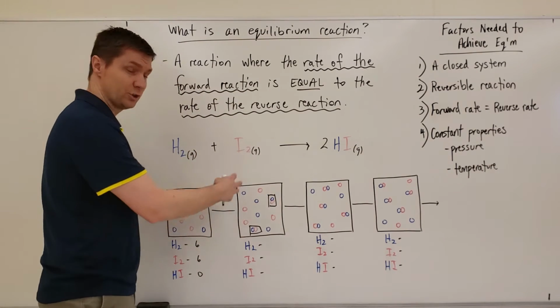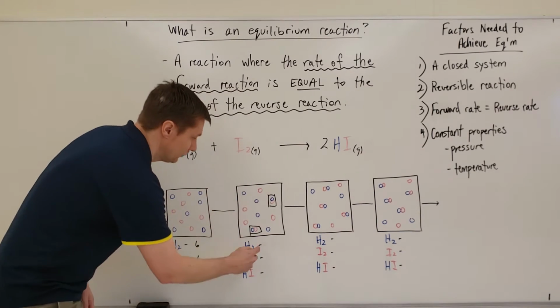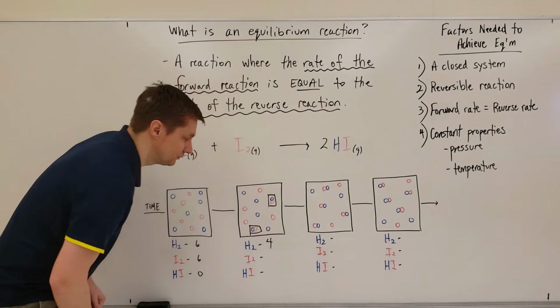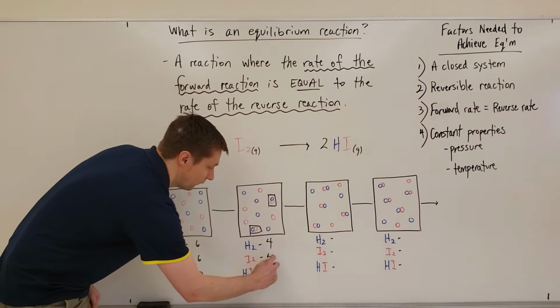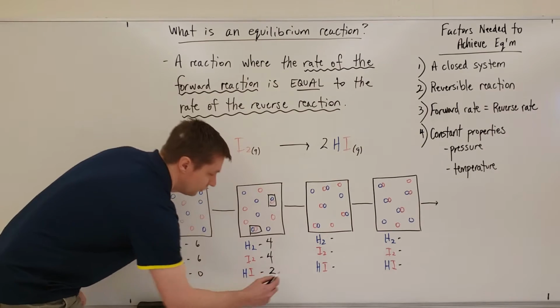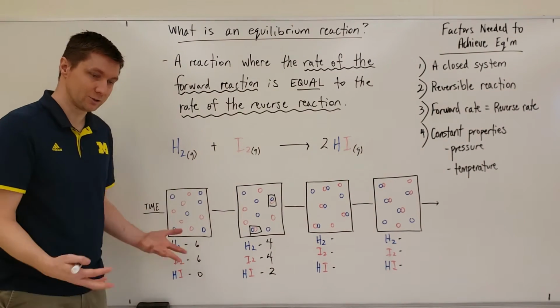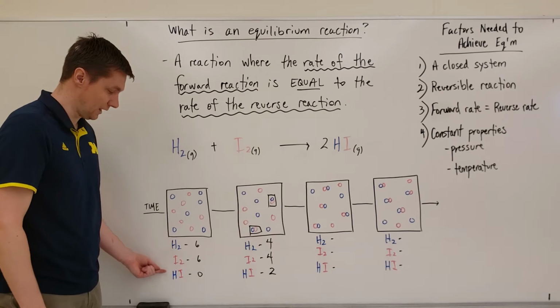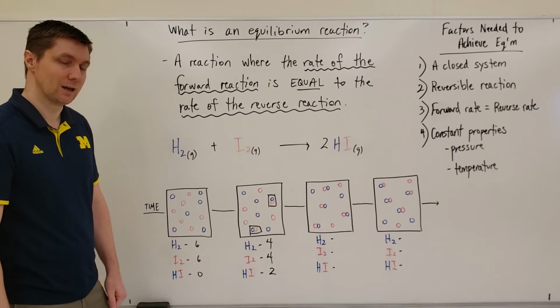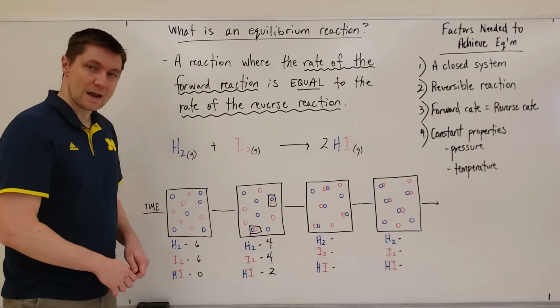And so you can see after this short period of time, and how much time doesn't really matter, that I've still got 4 hydrogen molecules, 4 iodine molecules, and now I have 2 HI. At the initial phase, before the reaction began, I had 6 hydrogens, 6 iodines, and 0 hydrogen iodide molecules. And so this has begun to react.